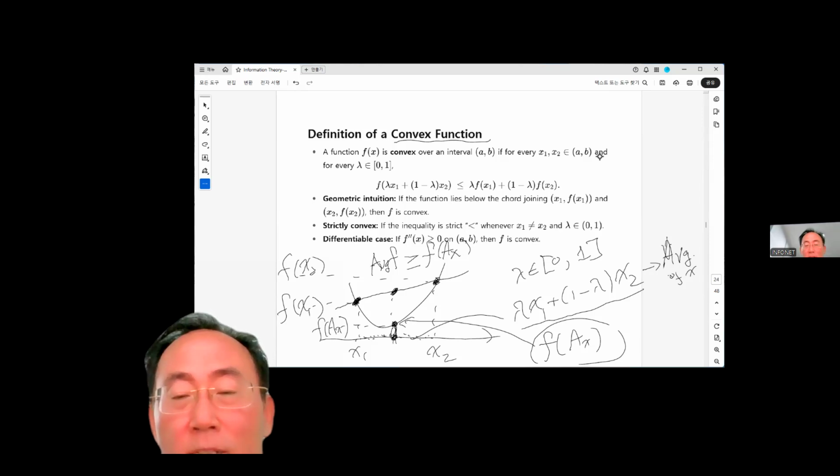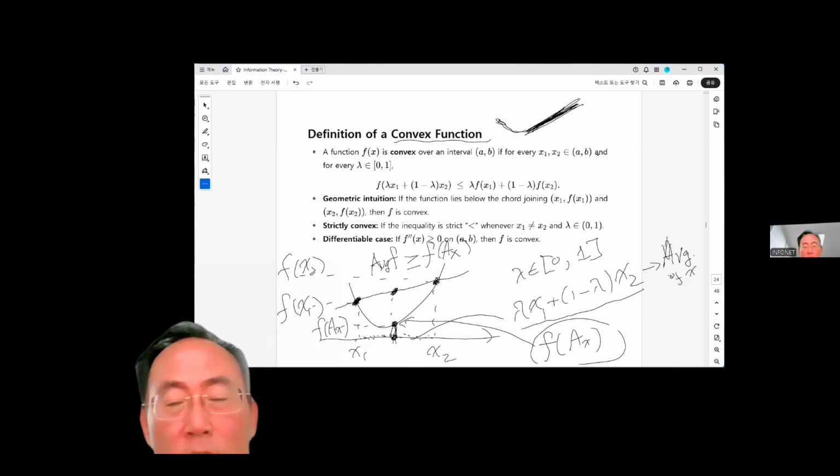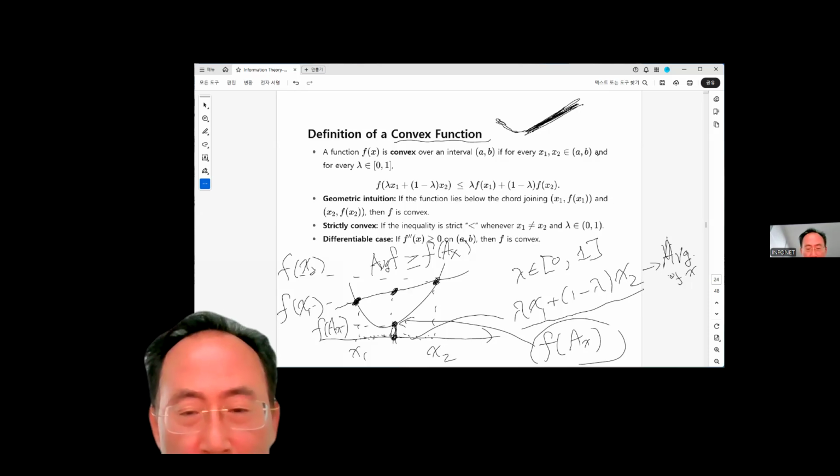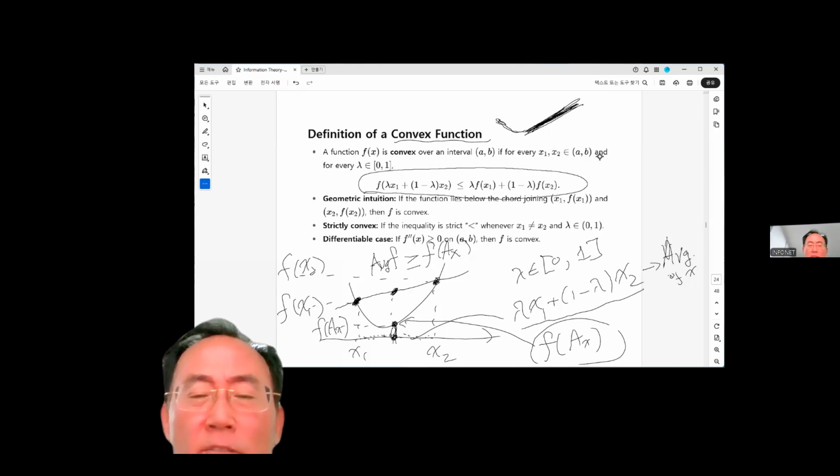Sometimes it is strictly convex. Sometimes you have some linear interval as well. For example, here, if you have a convex function like right here, here is a linear interval. In such a case, equality is met.